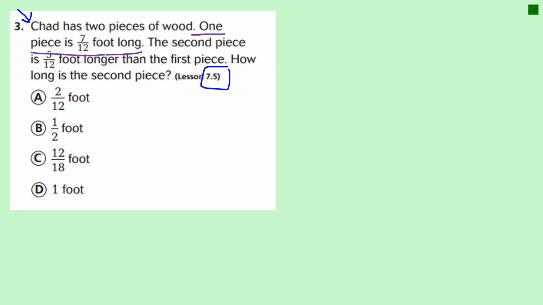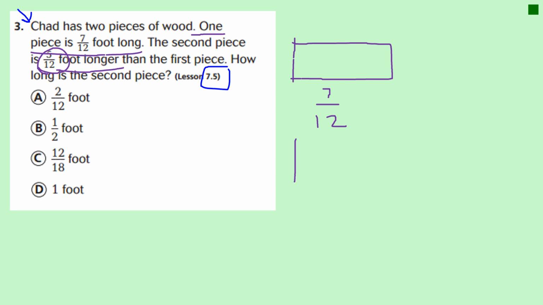One piece is 7/12 feet long, okay? So that's 7/12. Now, you might have been tempted to jump in and just subtract these two, right? But I want you to read it carefully. The second piece is 5/12 foot longer than the first piece. It doesn't say the second piece is 5/12 feet. It says that the second piece is 5/12 foot longer.